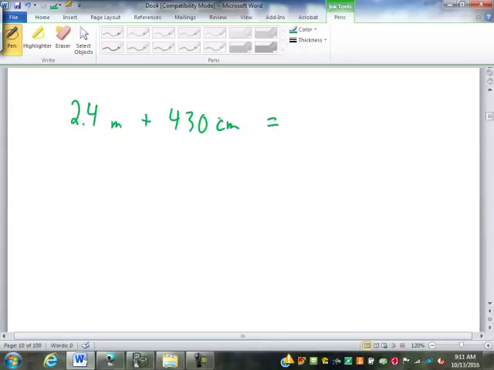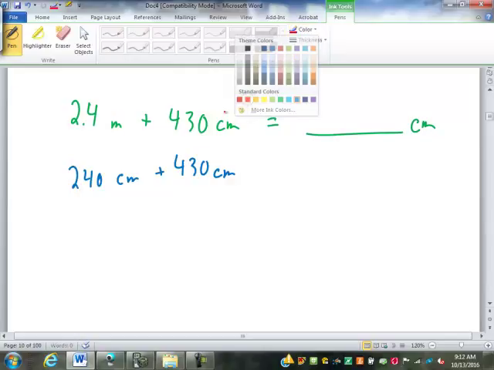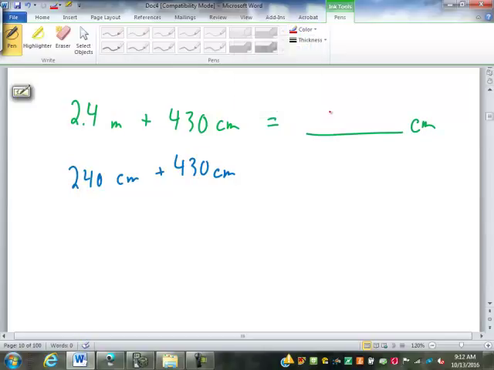To know which one, I need to know what I want my answer in. So let's say I want the answer in centimeters. So the 430 centimeters is not going to change. The 2.4 meters has to change to centimeters. What's that going to become? 240, very good. So now I have the same units, I can just add them together. 240 plus 430 is 670 centimeters.